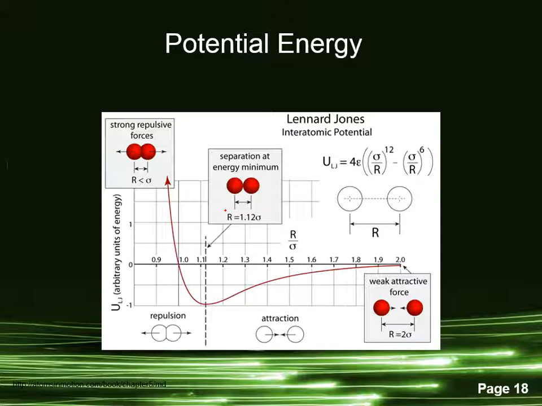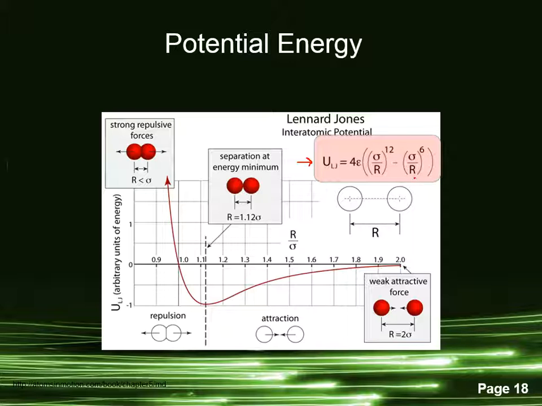Let's look at the nature of interparticle interaction varying with the distance between the molecules. As you can see in this graph, we have the Lennard-Jones potential versus intermolecular distance. The Lennard-Jones potential is calculated with this equation: 4ε times (σ over r to the power of 12 minus σ over r to the power of 6).